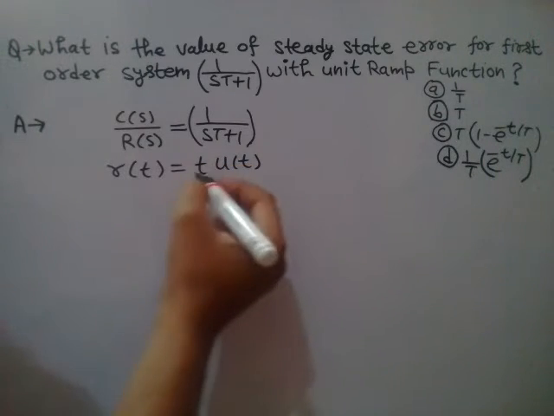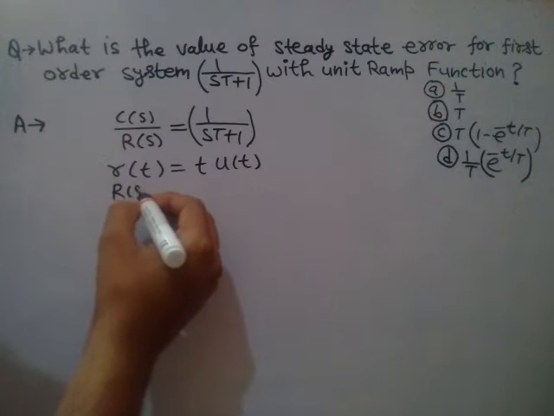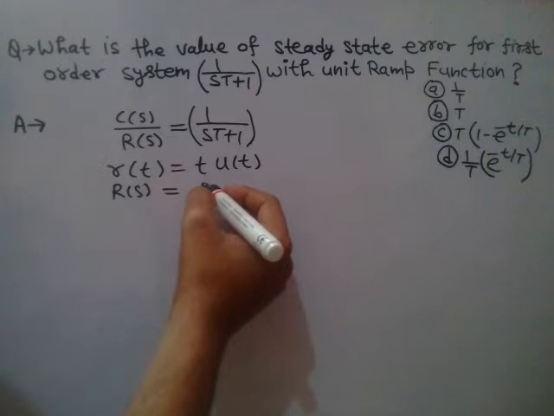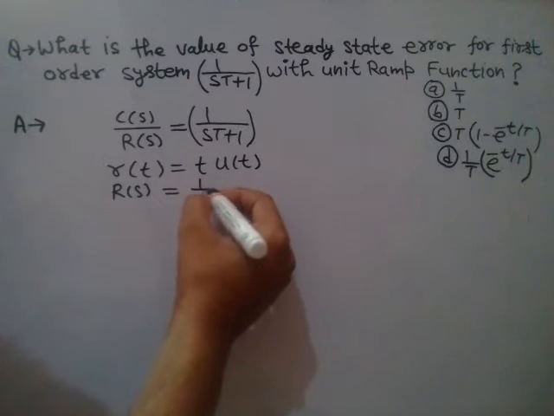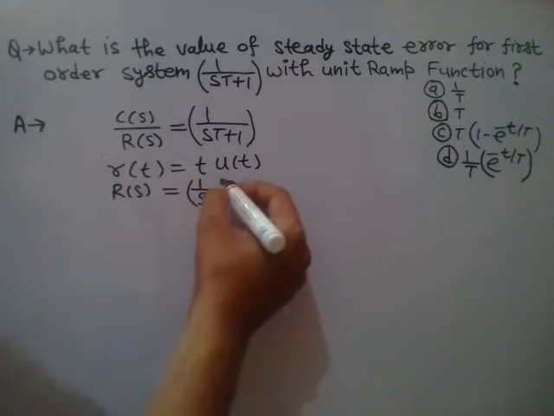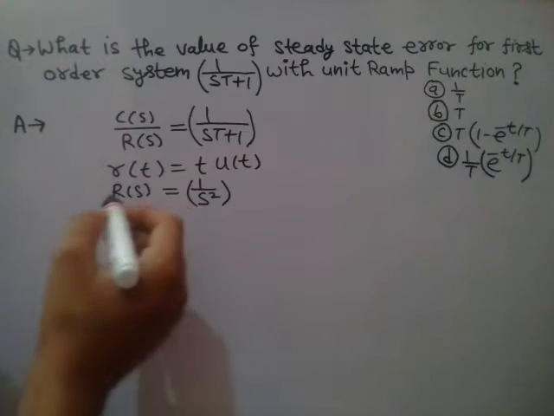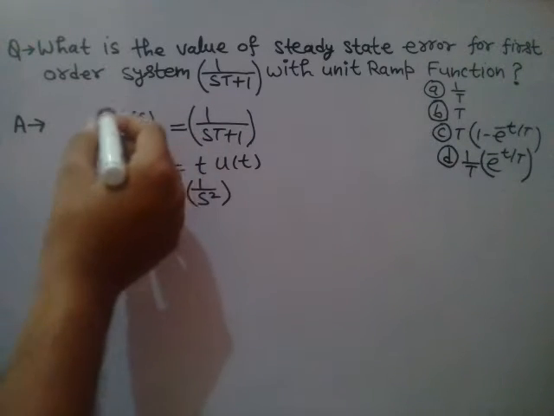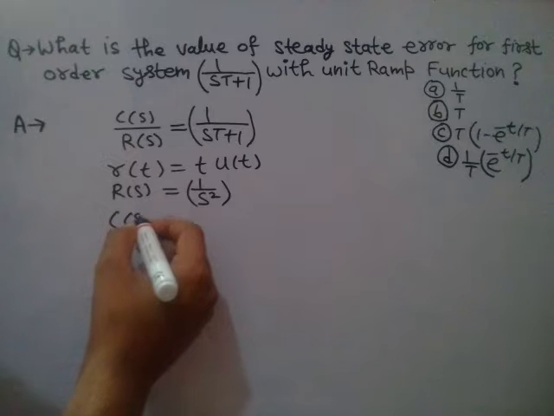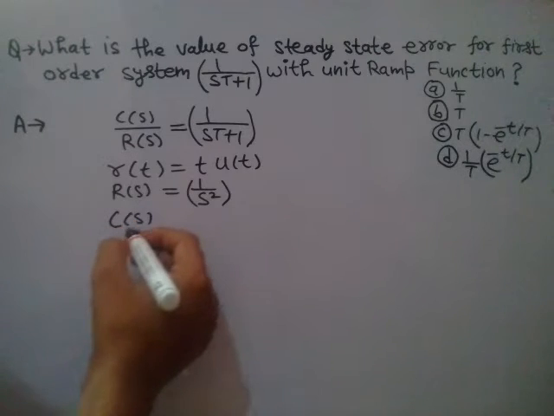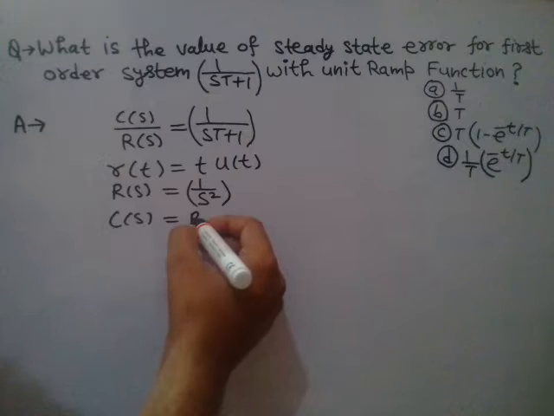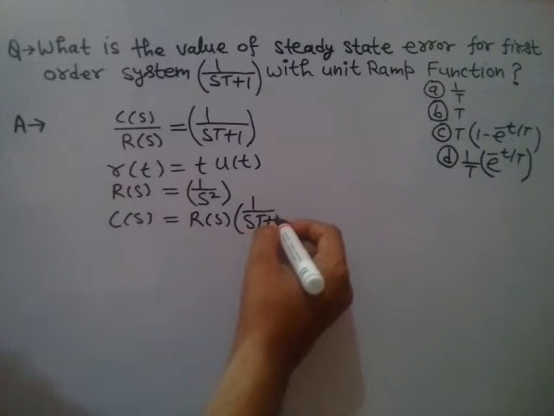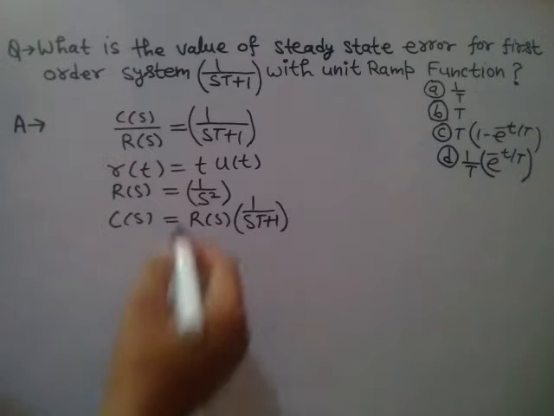In the Laplace domain r(t) becomes R(s), and it will become 1 by s square. So I can put this value of the reference input here and calculate the control output C(s). So C(s) will now become R(s) into 1 by sT plus 1, and R(s) is 1 by s square.